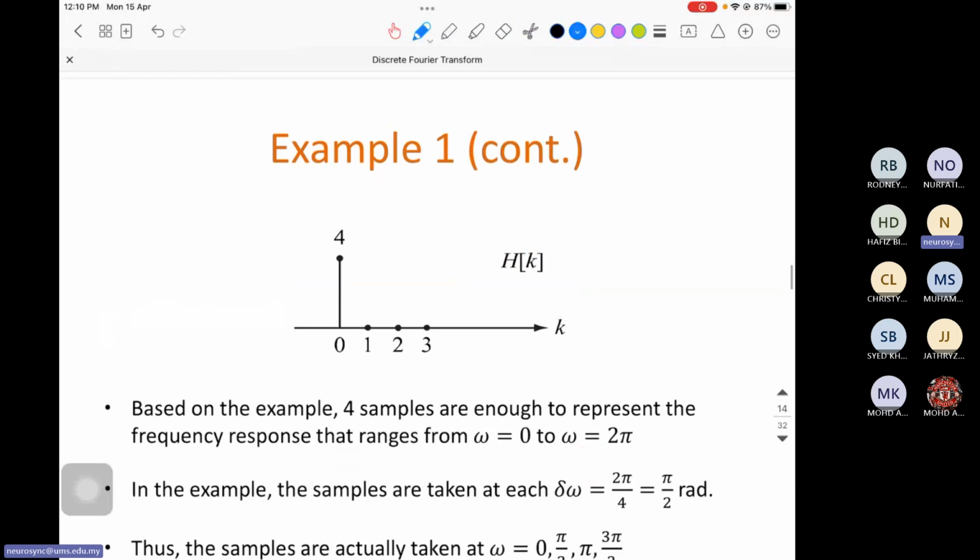And if I want to represent this in graphical format, on the x-axis, I will say this is k, and on the y-axis, you can represent with the magnitude only. So this is H of k. At k equal to 0, you will be having 4. At k equal to 1, it is 0, 2 it is 0, 3 it equals 0. So in a graphical way, you can represent like this.